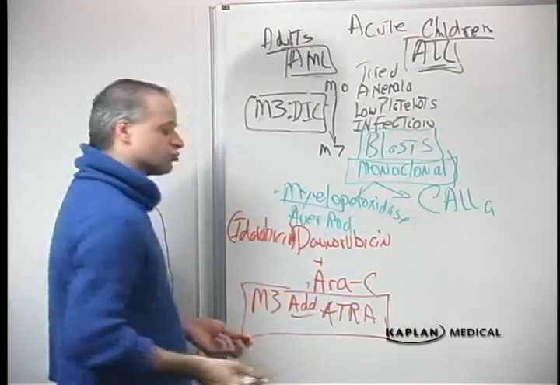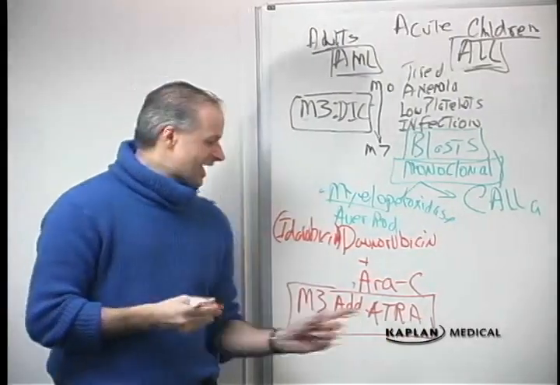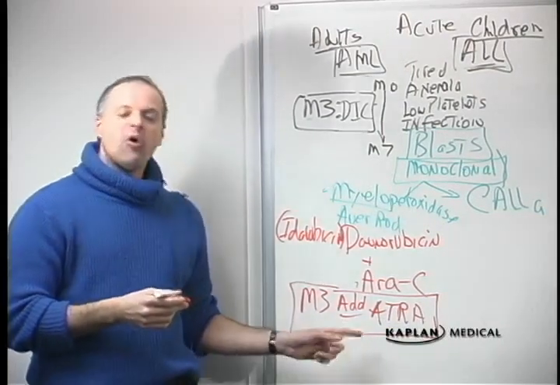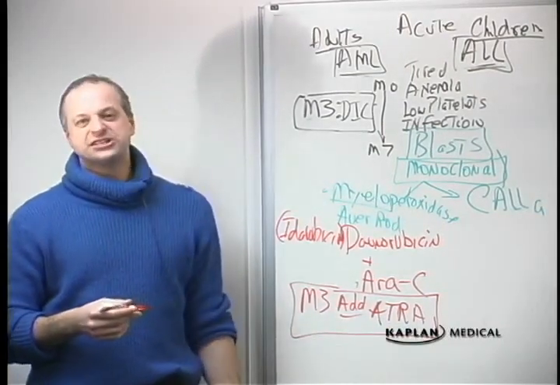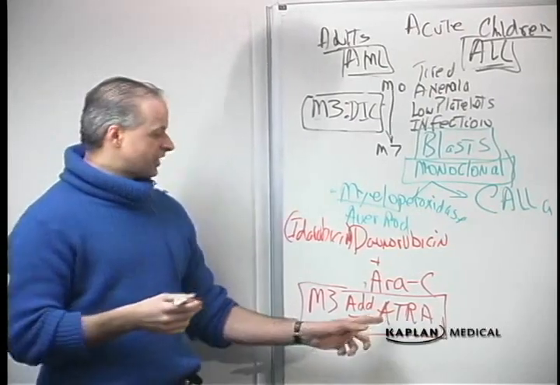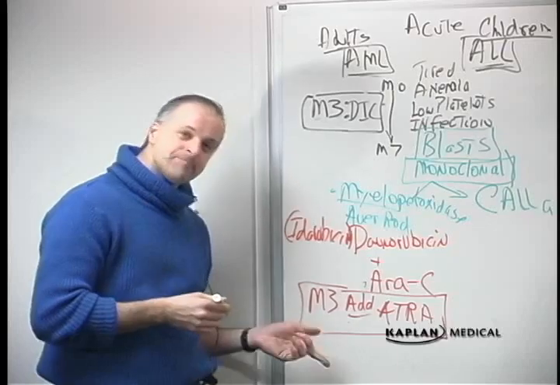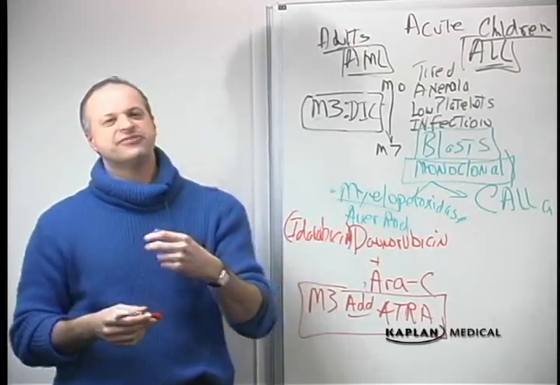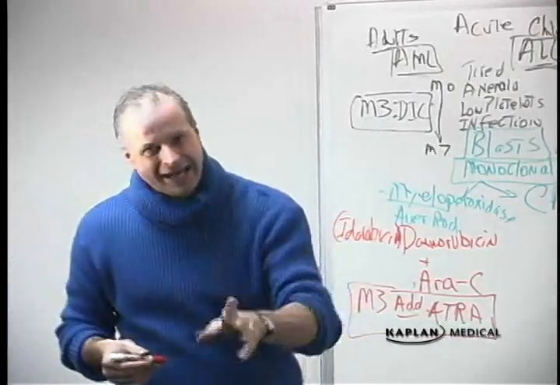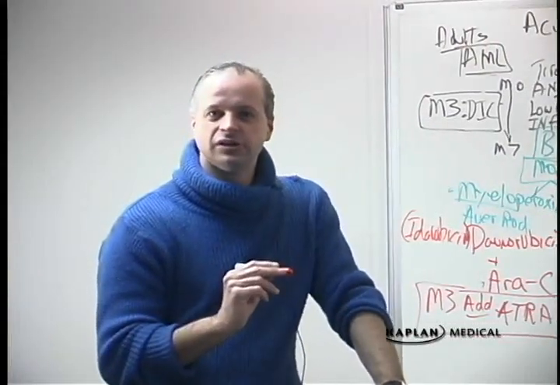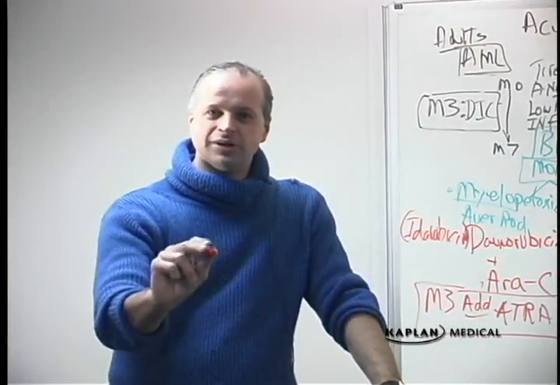All-trans-retinoic acid, like the stuff that you put on your acne, is what's used for the person who has promyelocytic leukemia, because the retinoic acid, the vitamin A derivative, compels the differentiation of these immature cells and says, grow up, get a job.